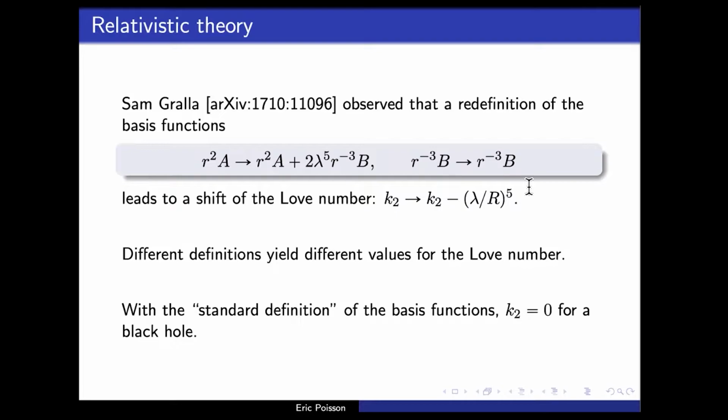So that told us, and that is something that I learned from Sam, that Love numbers are not sacred things. You can redefine them at will according to this prescription over here. And if you're going to assign operational value or measurable consequences to a Love number, you have to account for this ambiguity, that redefinitions could affect the numerical value that you assign to a Love number for any given object.